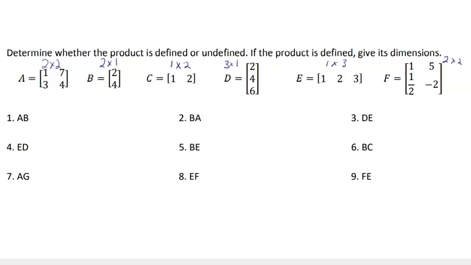So A times B is a 2 by 2 times a 2 by 1. The columns of the first matrix, A, is the same as the rows in the second, so this is possible. And we get a 2 by 1 out of it.